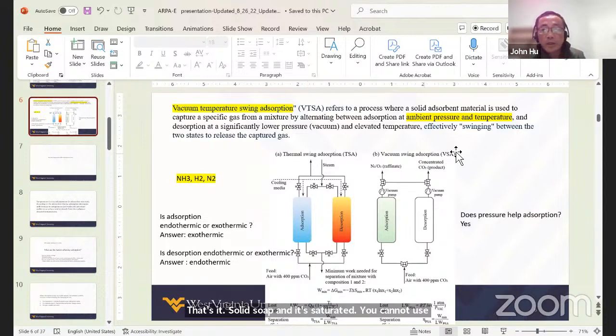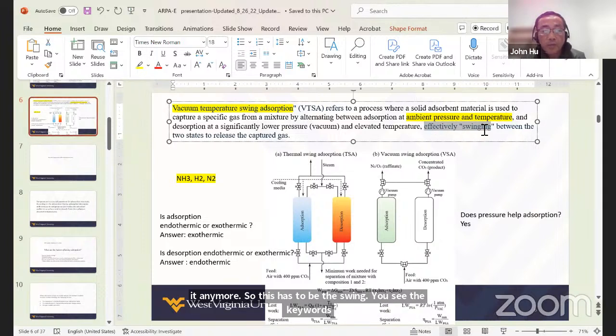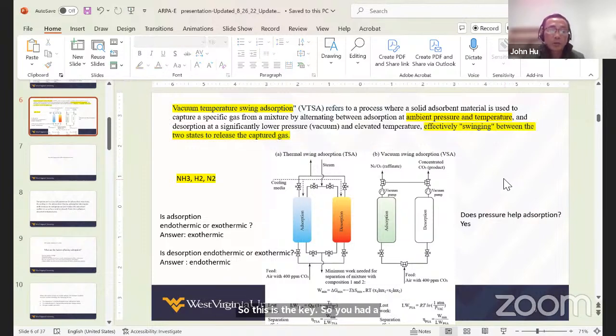You see the keywords: effective swing between the two states. So this is the key. You have to design or select a solvent that can effectively absorb ammonia, and in the meantime, effectively release captured ammonia. Make sense?